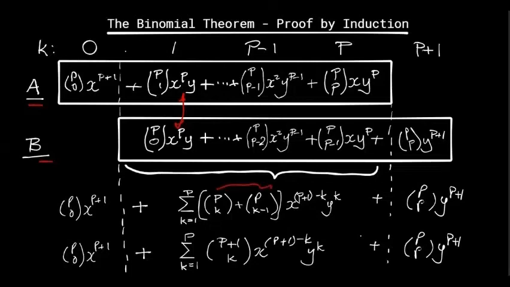And we've got a nice handy dandy rule, which we talked about previously, Pascal's rule, which allows us to sum these binomial coefficients to p plus 1 choose k. Which is exactly what we've done.